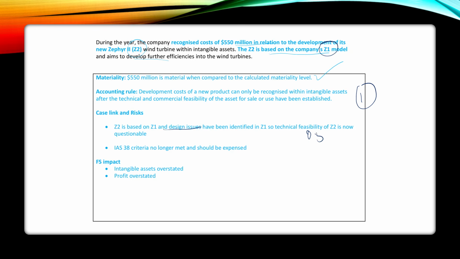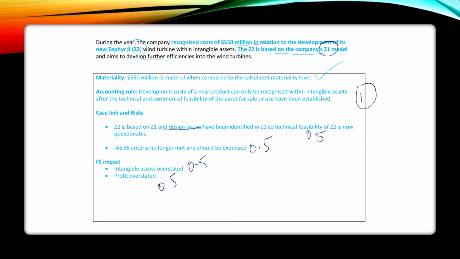So I'm concerned that this might not be technically feasible, which means the criteria is no longer being met. Because of that, this needs to be expensed off. If not, assets and profit are overstated.